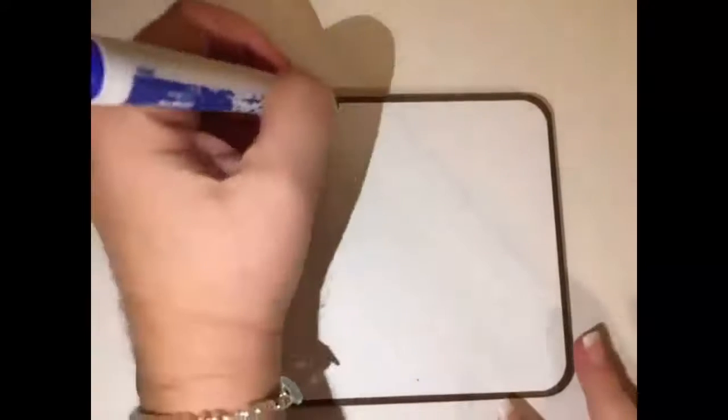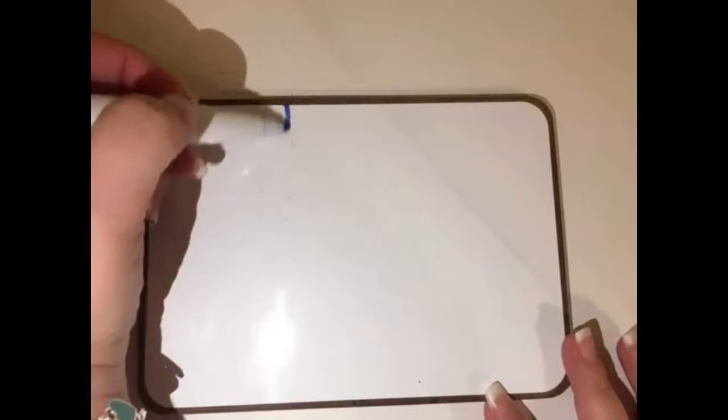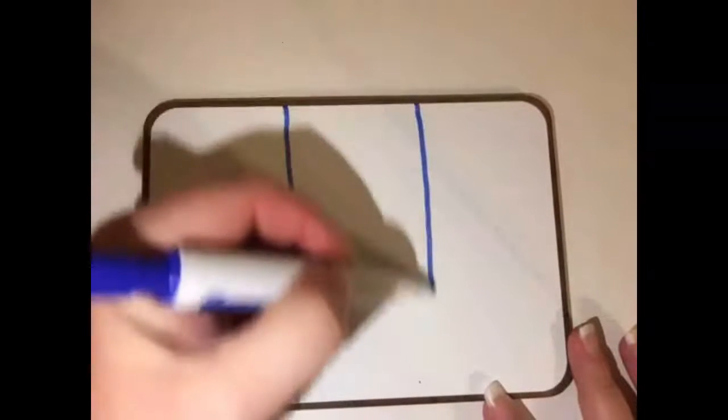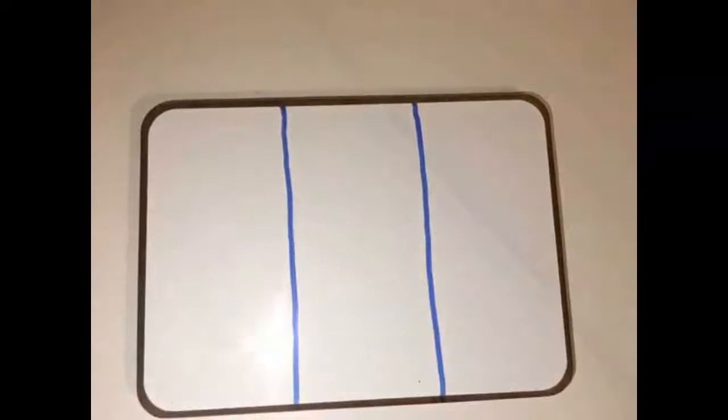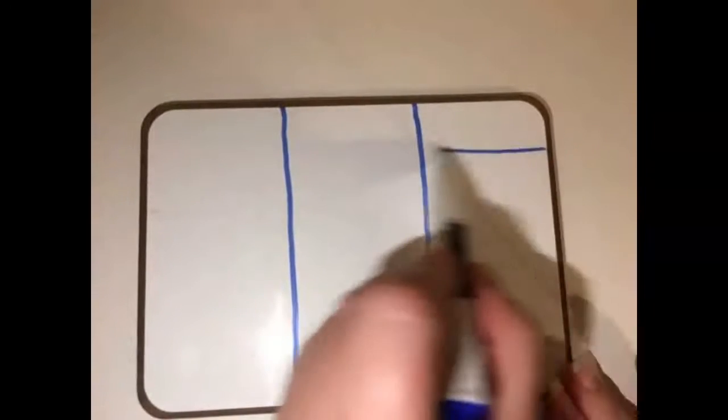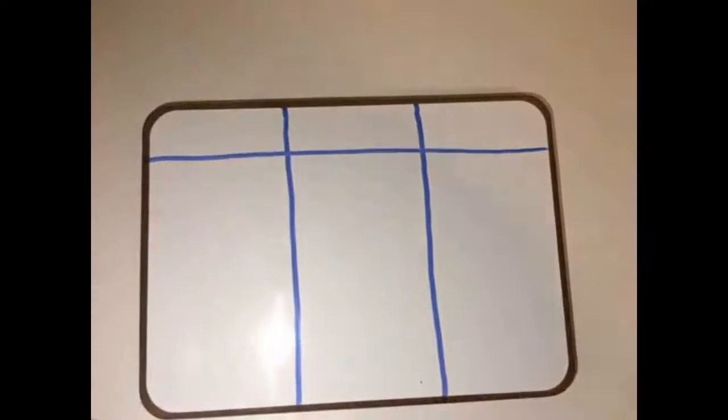All right, so we are going to start by making 3 columns. We did this the other day. We put a line over here and a line over here to make 3 fairly even sections here. And then we're going to put a line across like this.